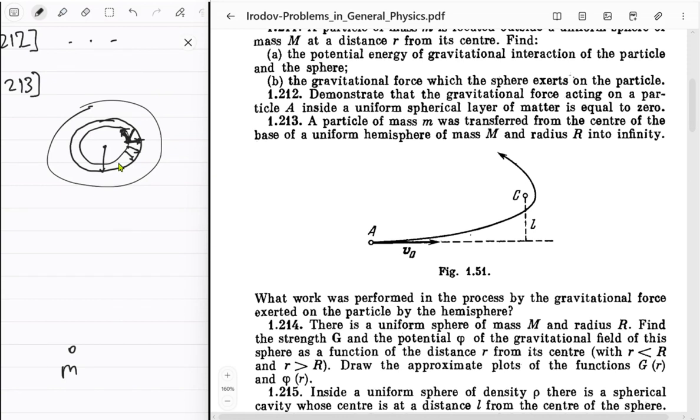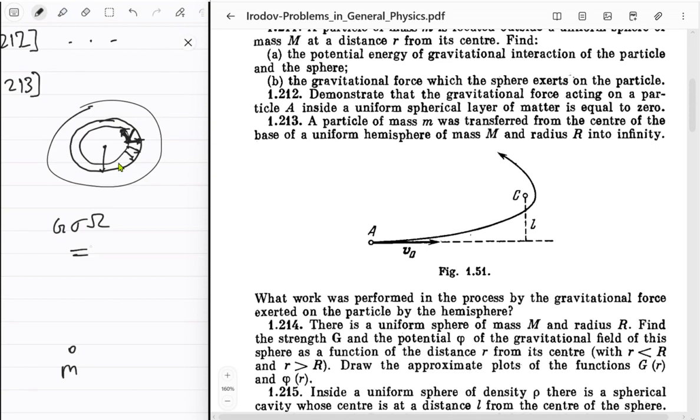So what was this thing? Gauss's law. It was G sigma in this case because of surface density, and then the solid angle, of course. That was the flux, and that's equal to the field, which is basically the acceleration.